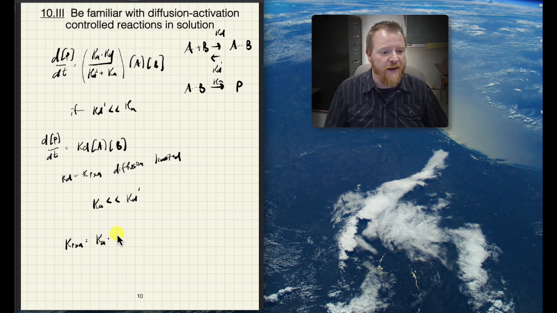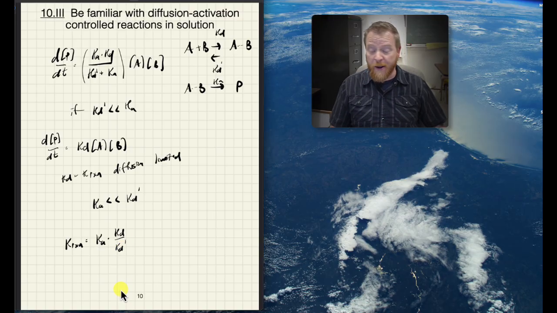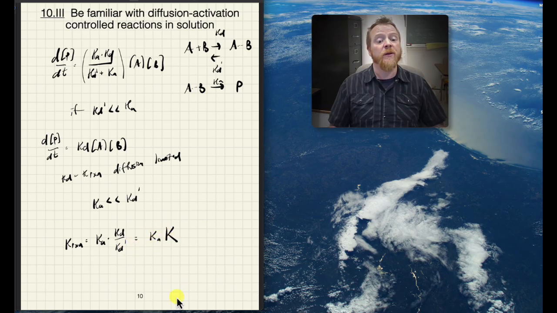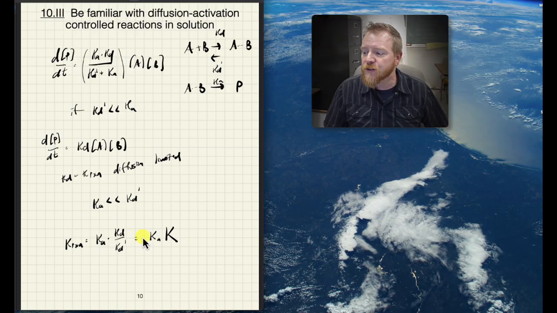That's Ka times Kd over Kd prime. So that's forward rate constant over reverse rate constant, which is equivalent to the equilibrium constant. So this is always true in the case of a simple activation-controlled reaction.